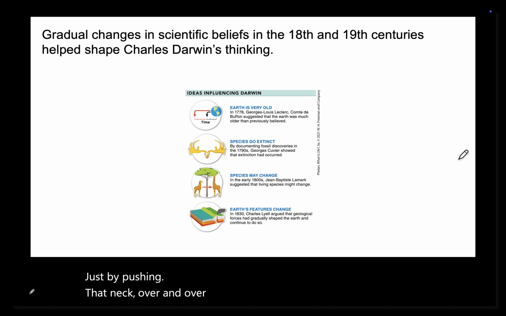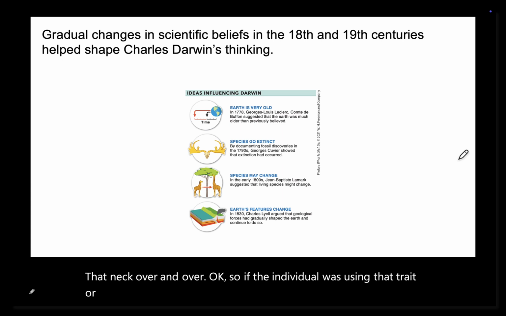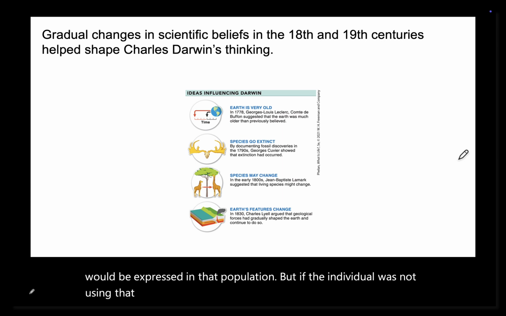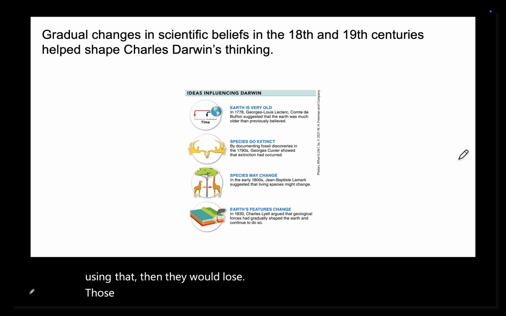Okay? So if the individual was using that trait or that anatomical part of the body, then that trait would evolve or would be expressed in that population. But if the individual was not using that, then they would lose those traits one generation after the other. Okay?